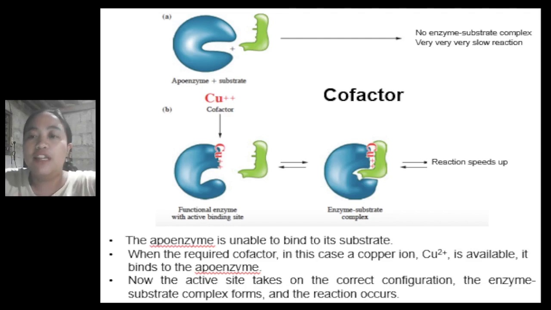So for example, the apoenzyme here is unable to bind to this substrate, and when this cofactor, in this case copper 2 plus, is available, it will bind to the apoenzyme. Now the active site is activated, or the holoenzyme is activated, and it has a correct configuration with the substrate, and so there will be an enzyme-substrate complex formed.